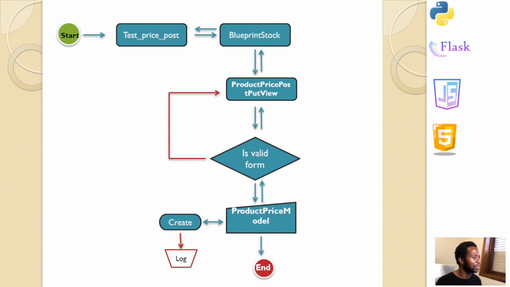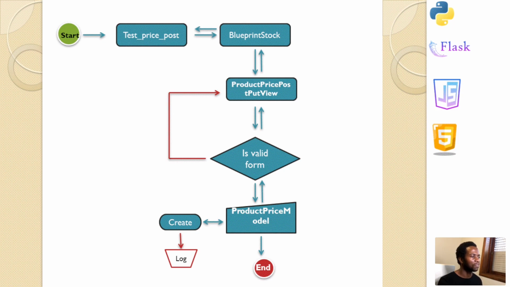It starts from here. We start by requesting information from test price post using the blueprint stock endpoint, and these requests go forward to product price post put view, where we filter all the information. We verify if we are receiving a post or put, and we verify the form validation.